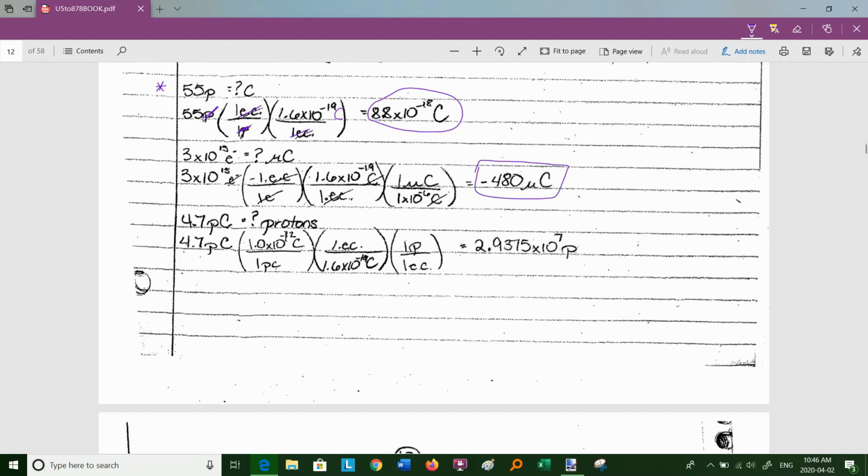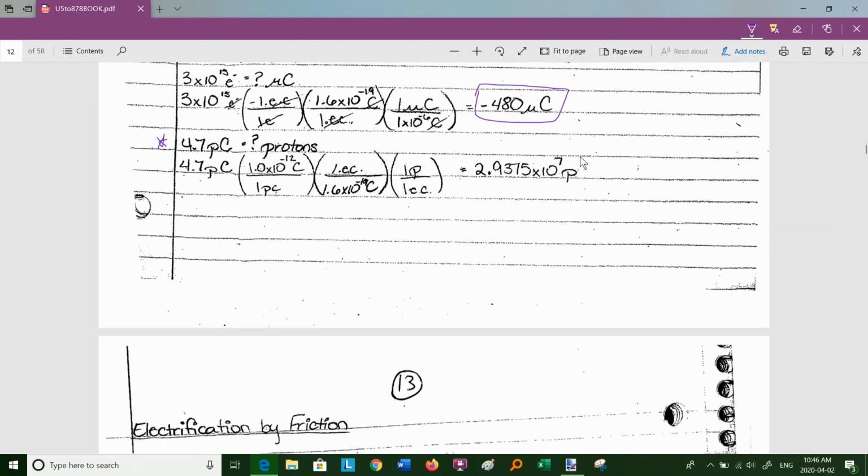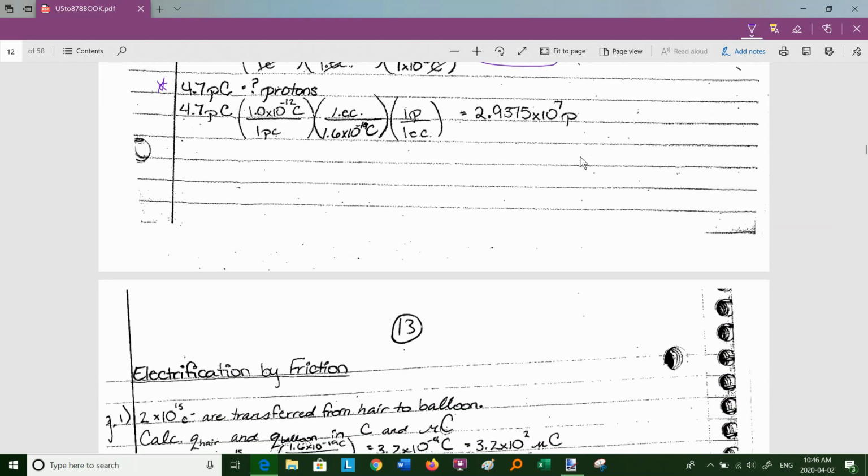Okay. Next one, here we got picocoulombs, and we want to get to protons. So picocoulombs to protons. So we're going to know that 1 picocoulomb is 1 by 10 to the minus 12 coulombs. 1 EC is 1.6 by 10 to the minus 19 coulombs. 1 proton is 1 EC.